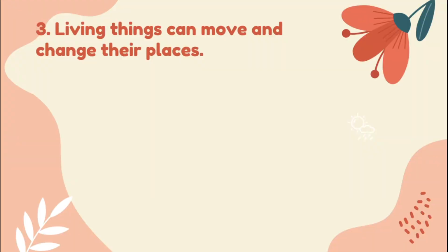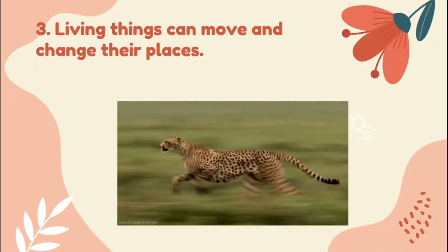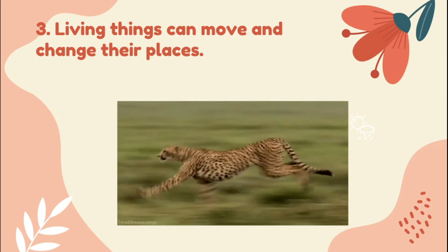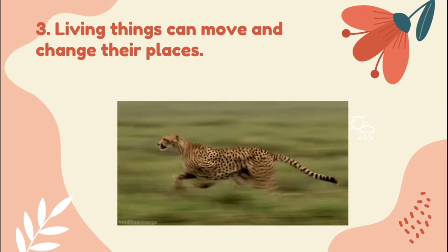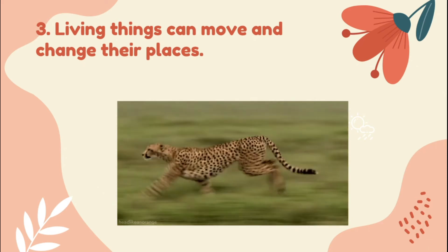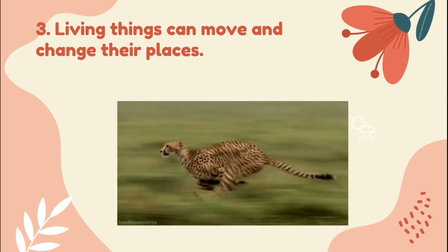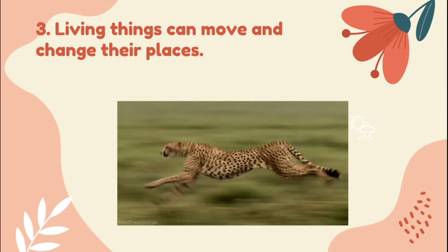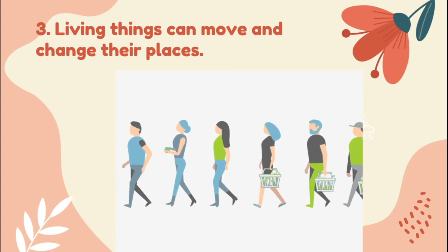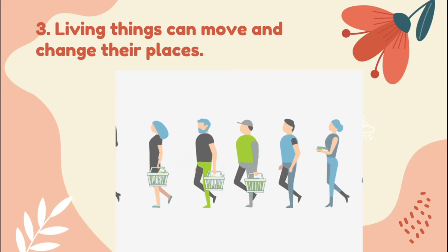And next, the third one is living things can move and can change their places. How do you know that living things can move and can change their places? Look at this cheetah. This cheetah moves by itself. It can run, right?